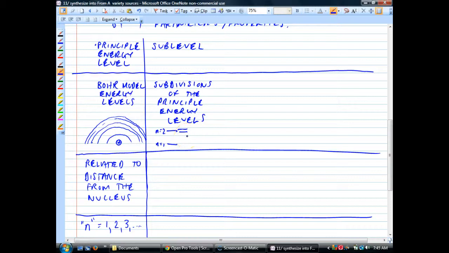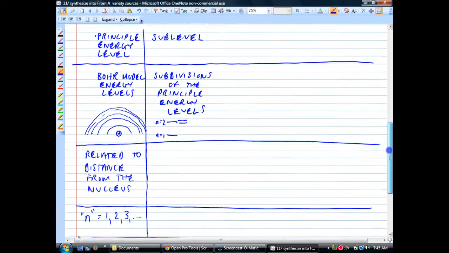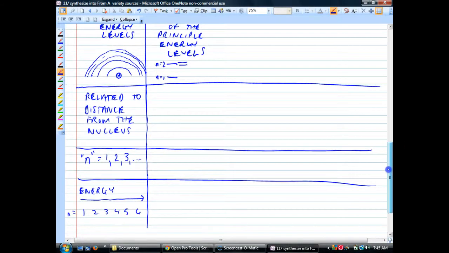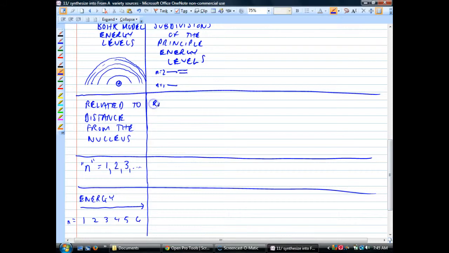So there are subdivisions in the principal energy level, and they are related to the shape of the region occupied by the electron.